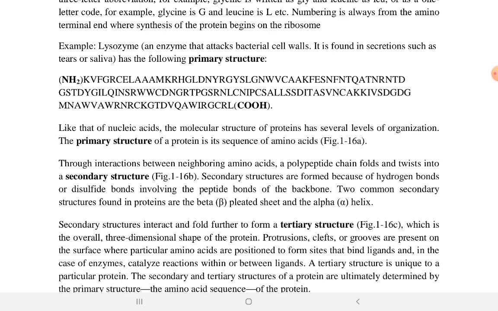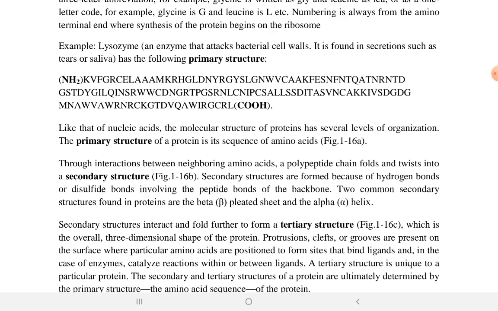Through interaction between neighboring amino acids, a polypeptide chain folds and twists into a secondary structure, the folds and twists of the amino acids.